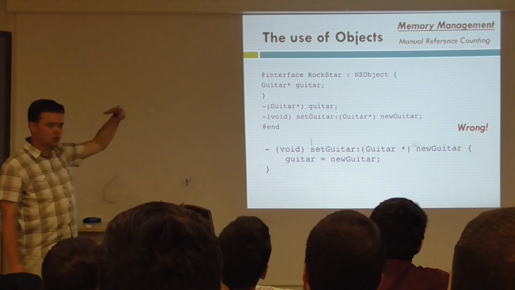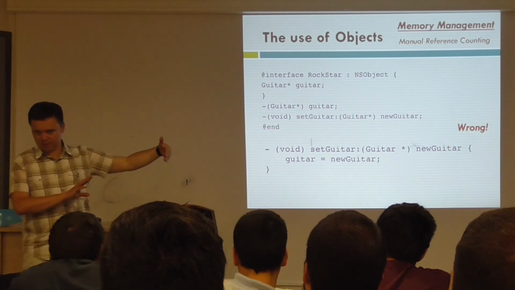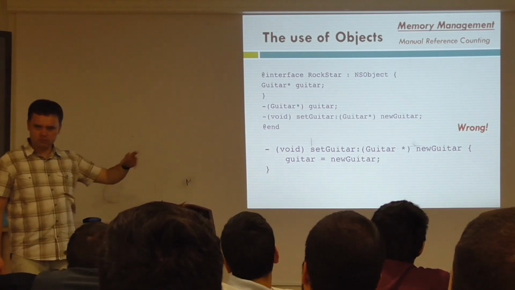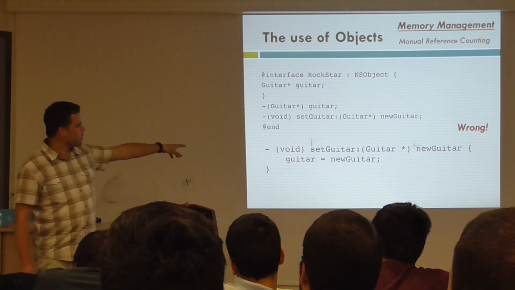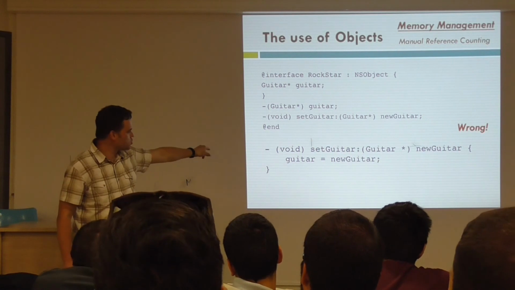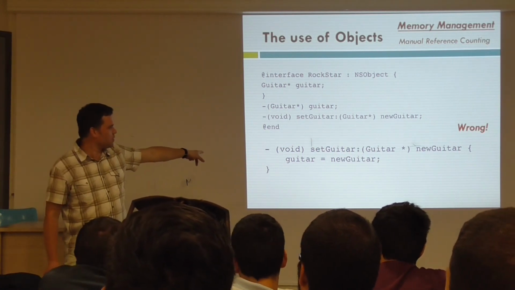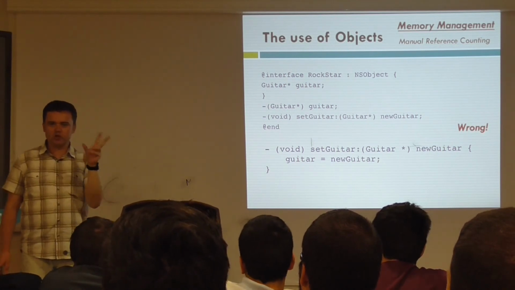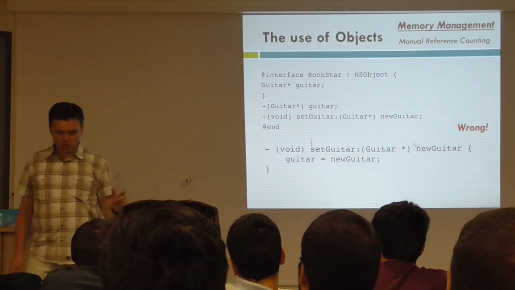So we will get as a message parameter the pointer that is associated to guitar. So we can do that, but it's not okay because this object is sent as a message. So we are not owner of this object. Yes? So what to do?